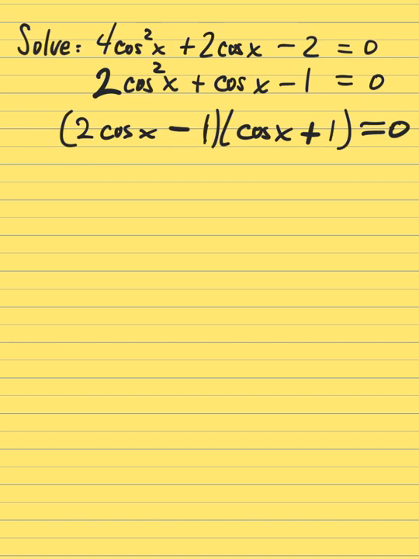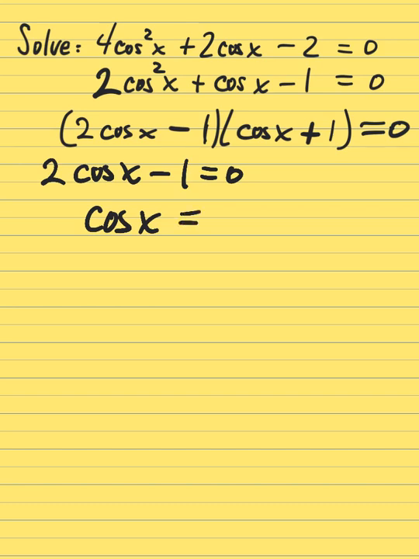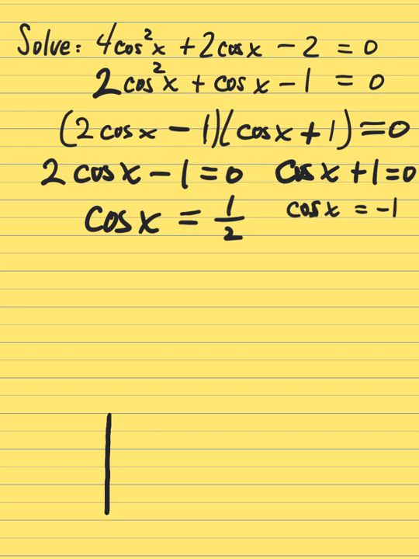Set each factor equal to 0. Add 1, divide by 2. In the other equation, cosine is equal to negative 1. Okay, so find your unit circle, or refer to it.